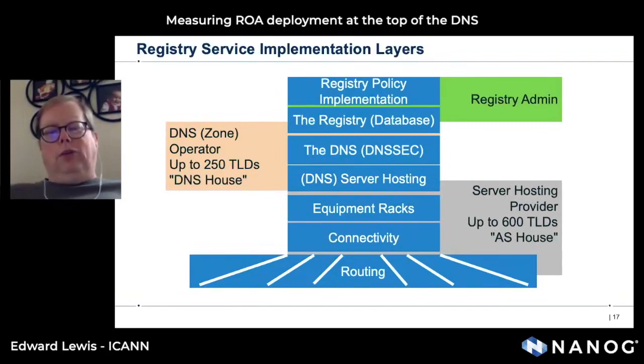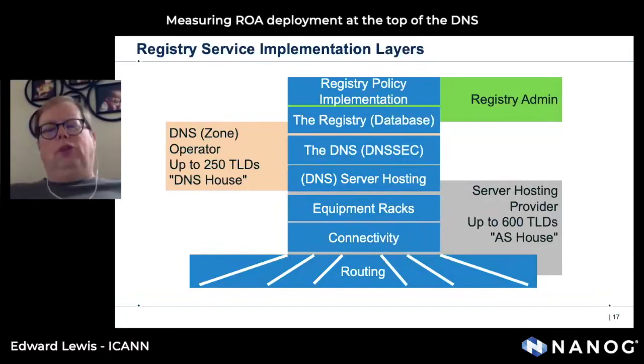Then we come down to DNS server hosting. That kind of stuff generally is done by a DNS operator. The largest one in terms of number of TLDs is around 250, and I call those DNS houses. There are a couple clumps of these out there, and I don't have much detail in the slides to keep this in time for the talk. Now below that, there's server hosting. That's another layer.